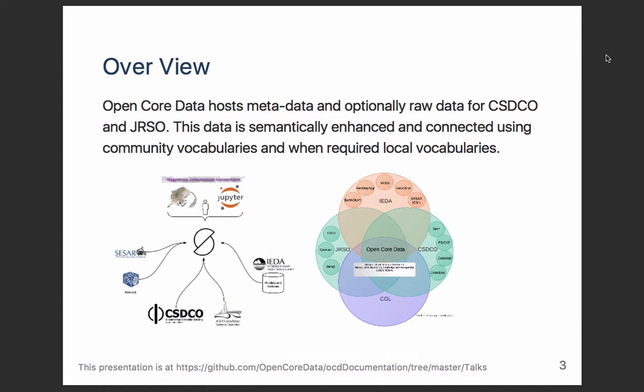As a quick overview, Open Core Data really acts as a value add to material coming from two facilities. This would be the Continental Scientific Drilling Coordinating Office and the JOIDES Resolution Science Operator Office. So these would be focusing on the continental and ocean scientific drilling efforts funded by the National Science Foundation.